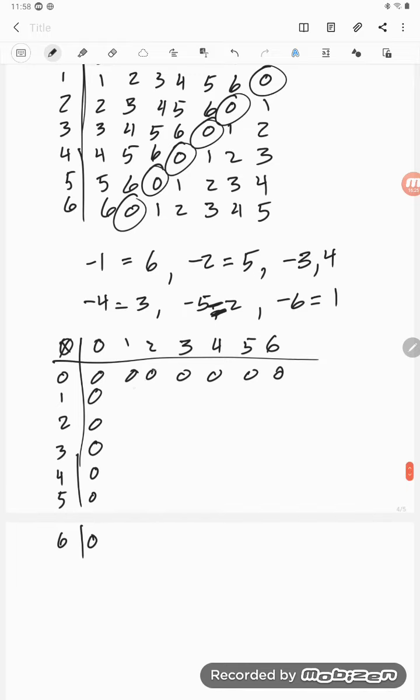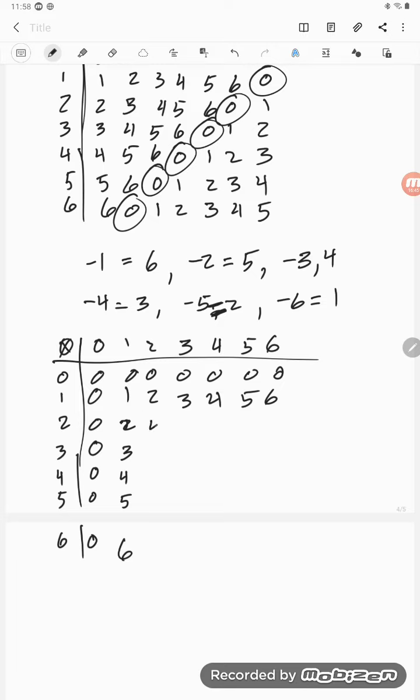Then 1 times anything is that thing, so 1, 2, 3, 4, 5, 6. For any field, if you start with 0 and 1, you're going to get this kind of pattern. Now it can start to get a bit more complicated.